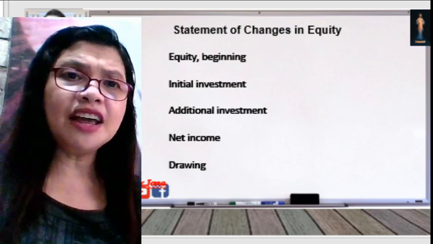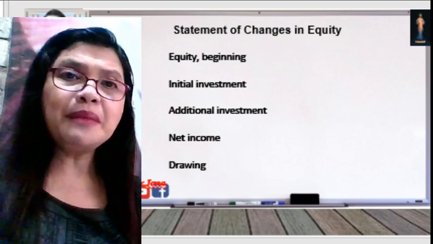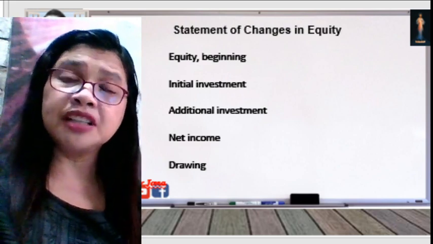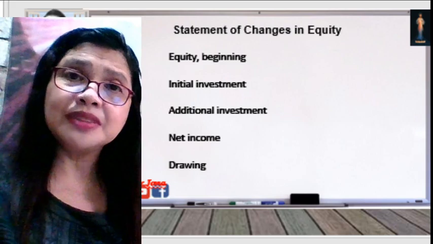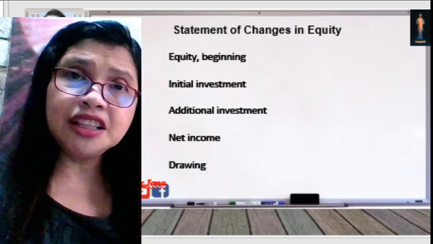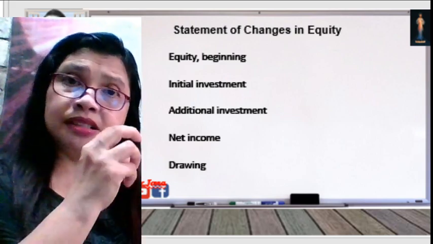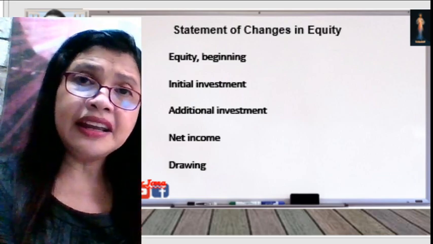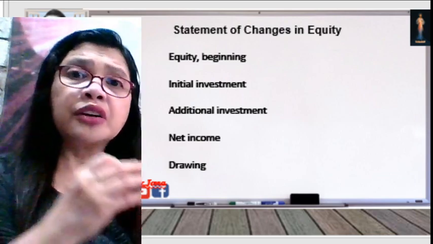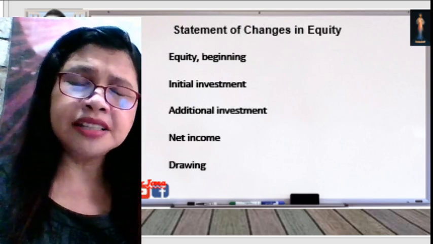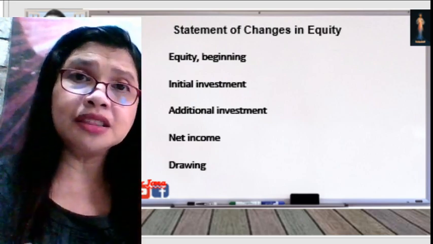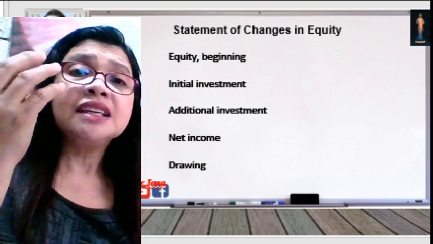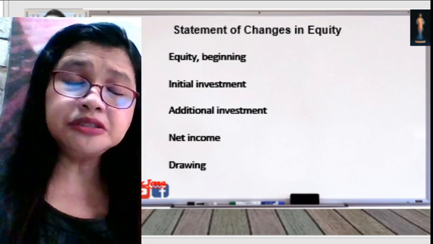Next, we have the net income. Remember the net income in your income statement or the statement of comprehensive income? In your grade 11, you studied that the net income figure is closed to your income summary, and then it is again closed to the equity account.